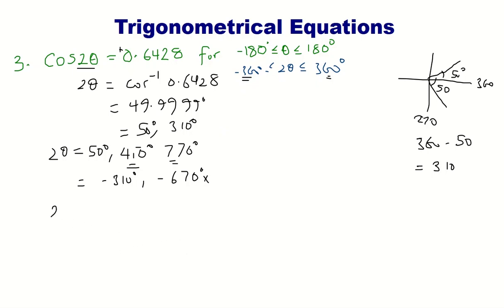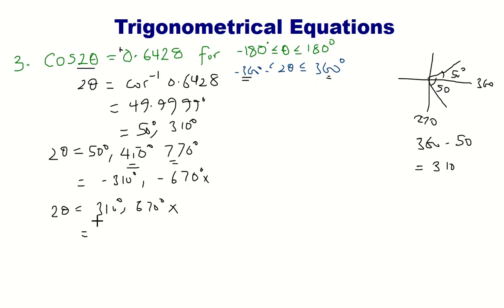So let's check when 2 theta is equal to 310. The series of values here, the positive values, when we add 360, this will be 670 degrees, already bigger than what is needed, so we shall not need this. We can stop there.